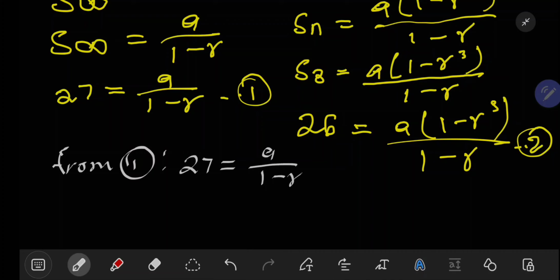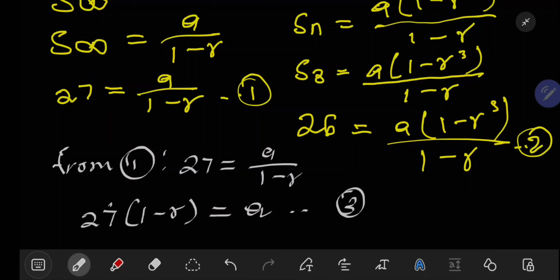We can make a the subject of the formula by multiplying both sides by our denominator. So our a value is 27 into 1 minus r, is equal to a. Then we can name this to be equation 3.